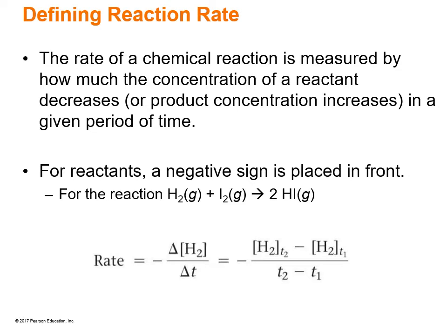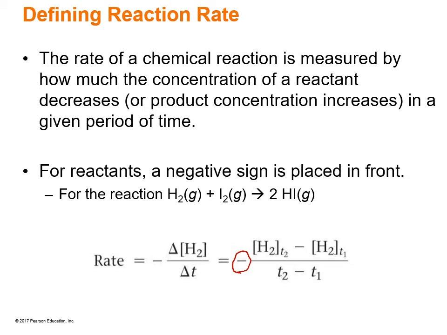So as the reactants get used up, their concentration decreases over a certain amount of time. If we're looking at the products, then our concentration increases over a given period of time. And so we represent this as a negative sign when we're talking about reactants, showing our decrease in our concentration.